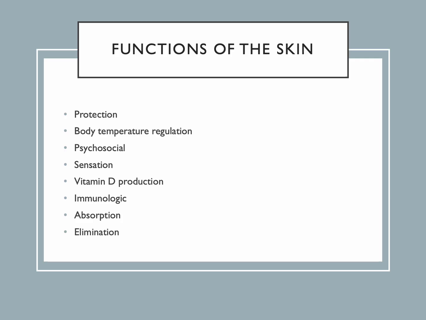We also sweat through our skin, right? We get rid of extra fluids that way. We help cool our body and warm our body. We're going to talk about all of these as we go, but protection and body temperature regulation are some huge ones as nurses.